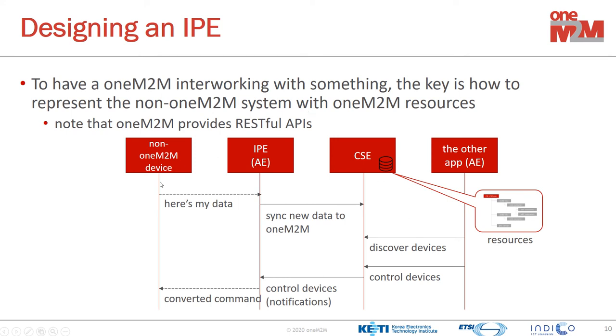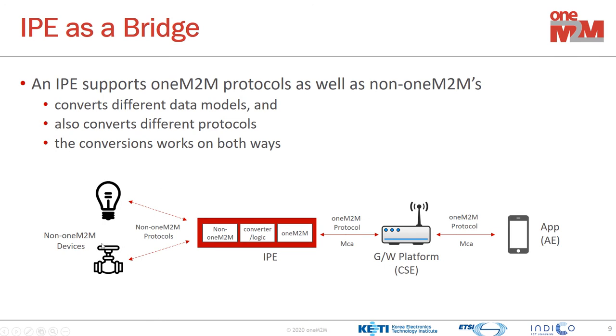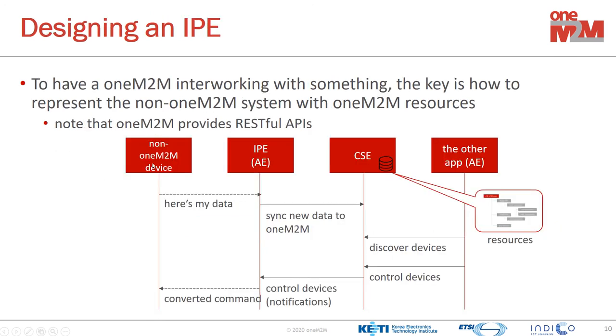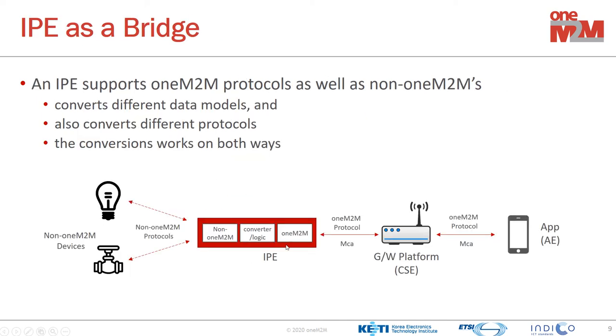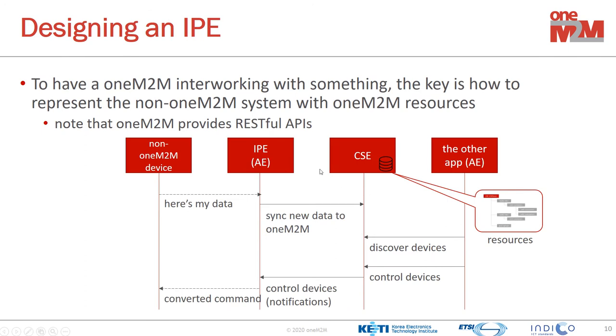So in this example, those two are represented as non-oneM2M devices, just for simplicity. And there is the IPE, the platform, and the other oneM2M native application. The simple scenario would be that the devices are reporting the sensor reading, and of course it shall be given firstly to the IPE because they talk to each other in their own language, in other words, the proprietary protocol.